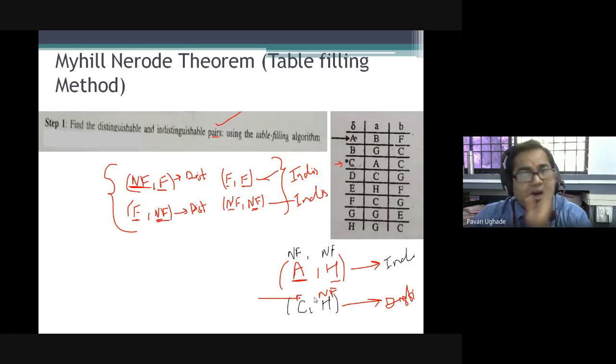We never get equivalent states which are distinguishable because they are not of the same character. One is final, another is non-final. Final and non-final cannot be equivalent.